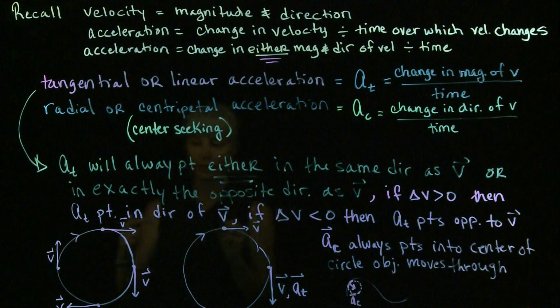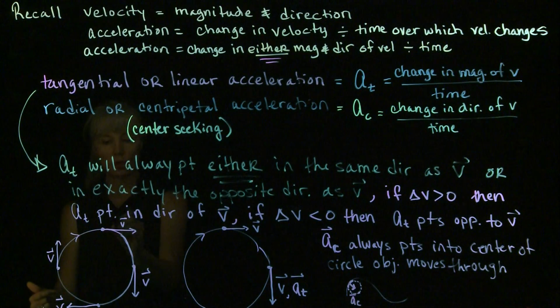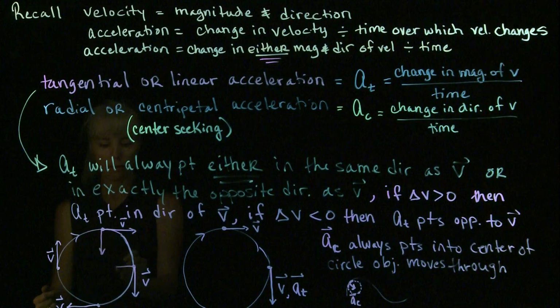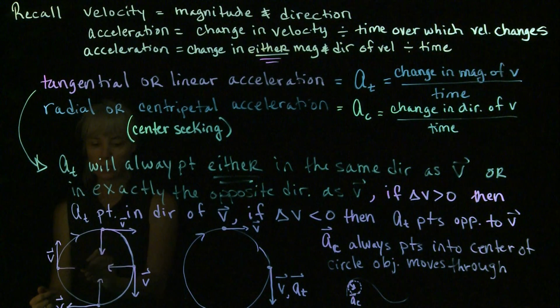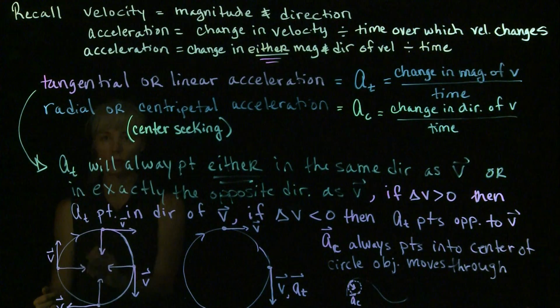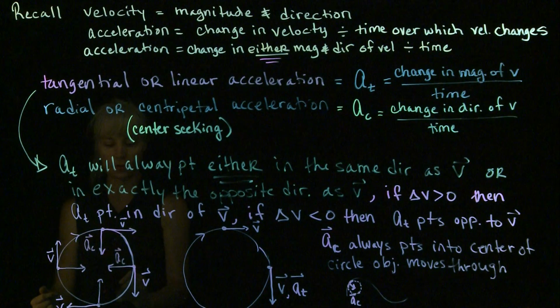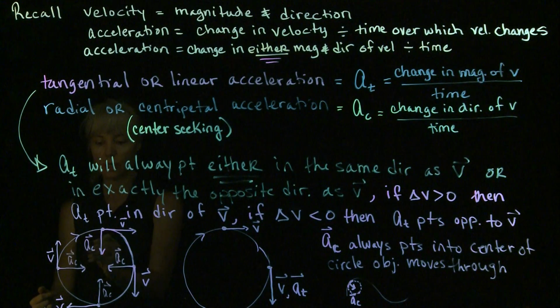If I come back over to these circles we drew earlier, you can see that this object is moving in circular motion. And so everywhere that the object is on this circle will have an acceleration that is centripetal that points directly into the center of the circle. So those are all the directions for the centripetal acceleration.